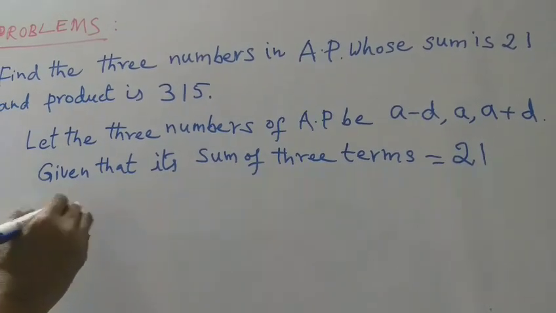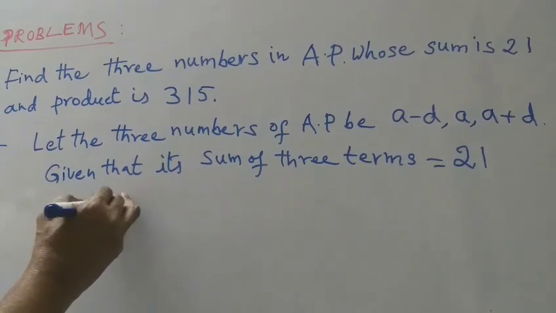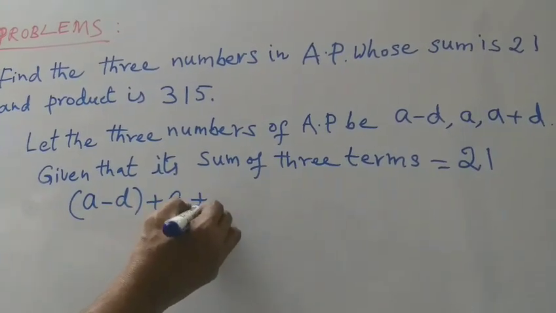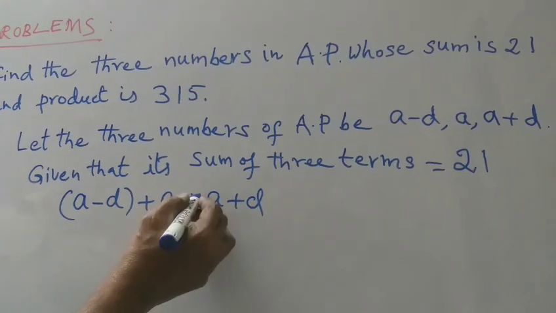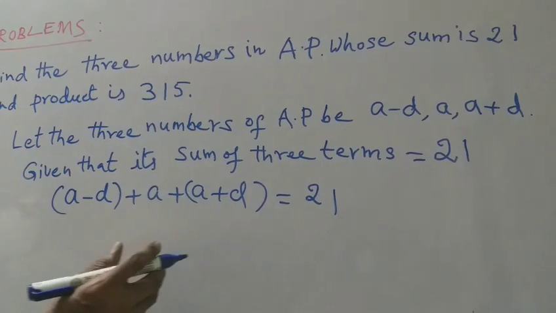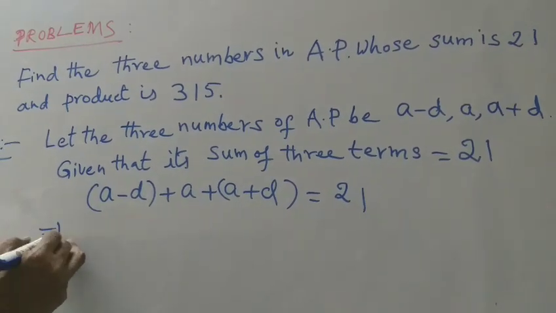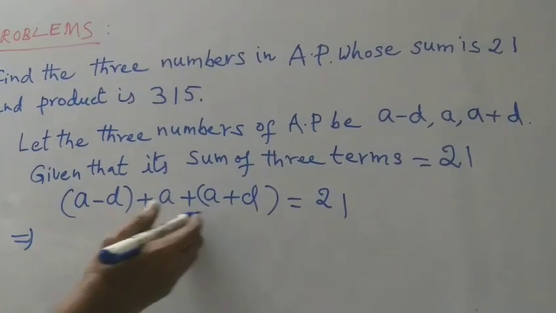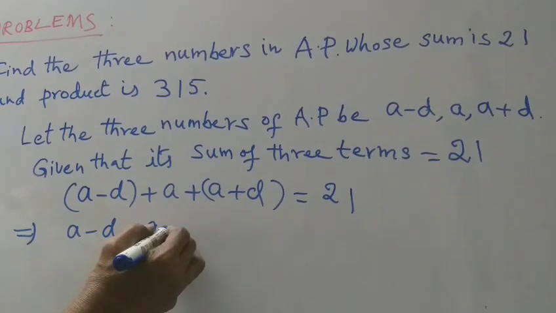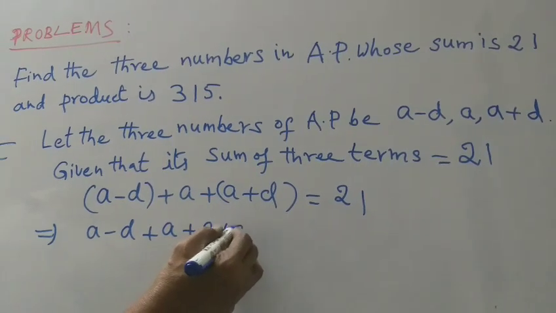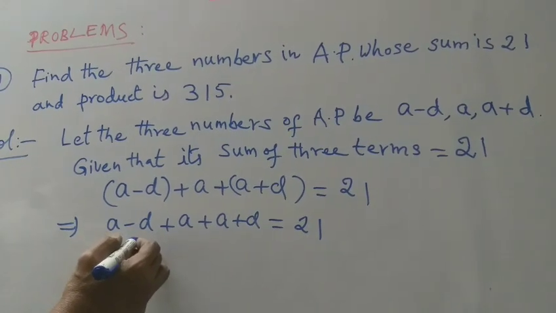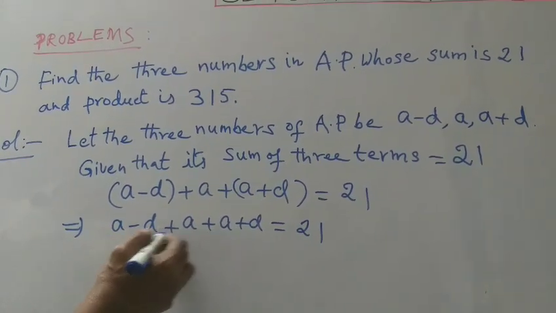That is, those terms are a minus d plus a plus d is equal to 21. On expanding these brackets, a minus d plus a plus d is equal to 21. In this, the like terms are minus d plus d.